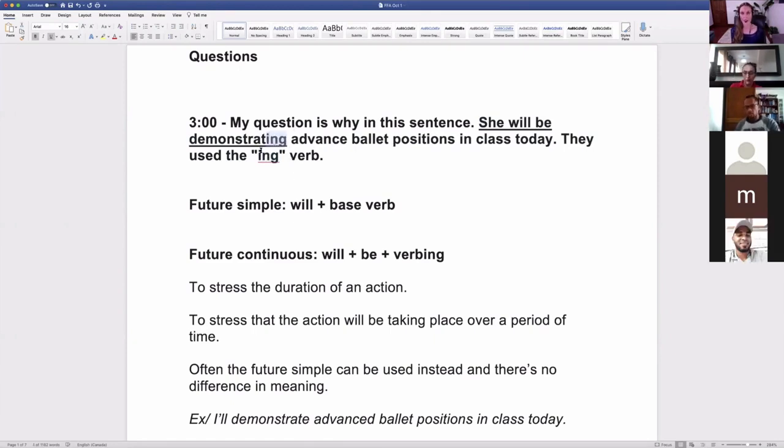To answer that, we have to understand what verb tense this is in. So who knows what verb tense this is in? Anyone? You can take yourself off mute and shout it out if you know. What verb tense is it? She will be demonstrating advanced ballet positions.